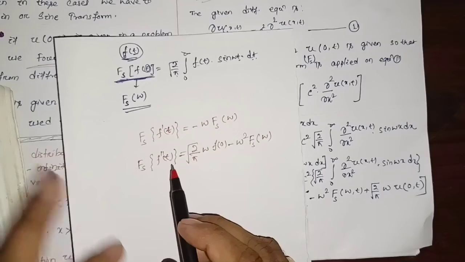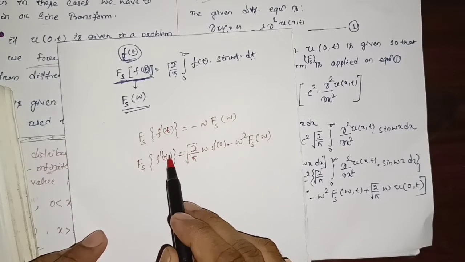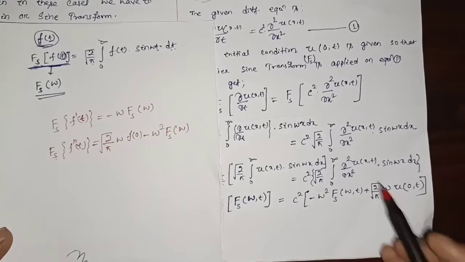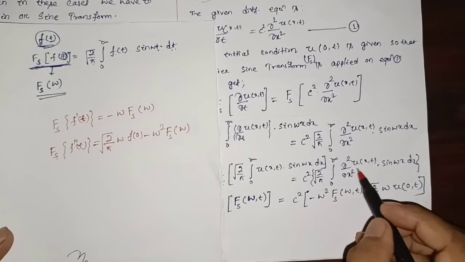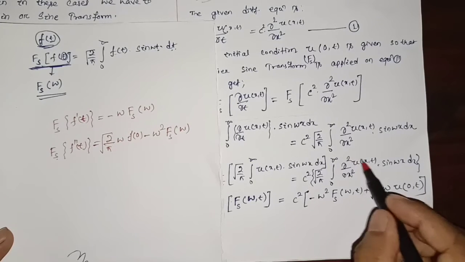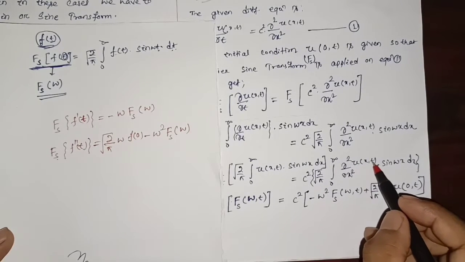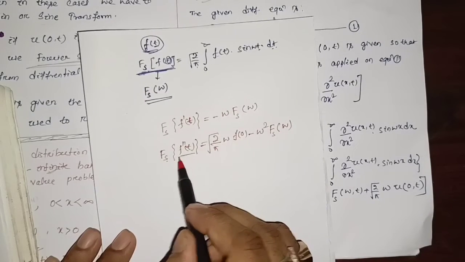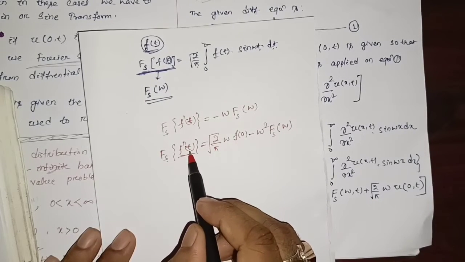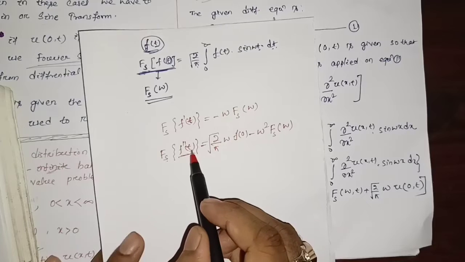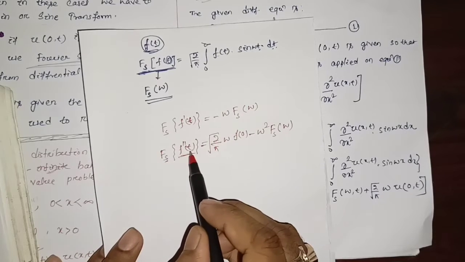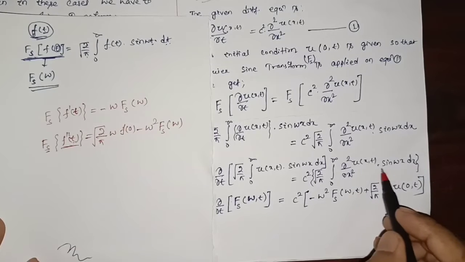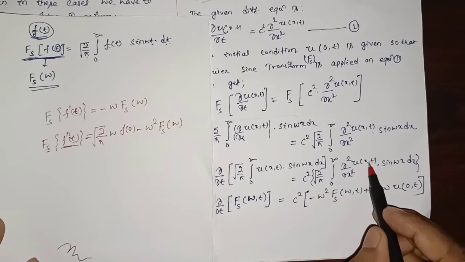So that means the Fourier transform is applied on the t variable, but in this case this is u double dash, the second derivative of u, which is the function of x,t. There the second derivative is of the function f, which is a function of only t, so the Fourier sine transform is applied on the variable t. Here the Fourier sine transform is applied on x.